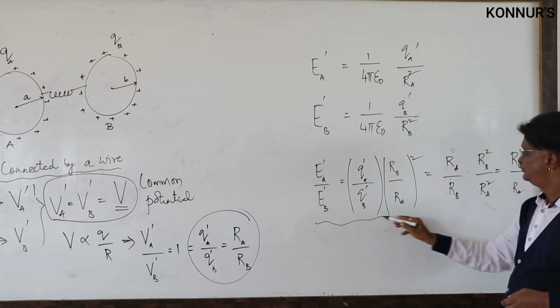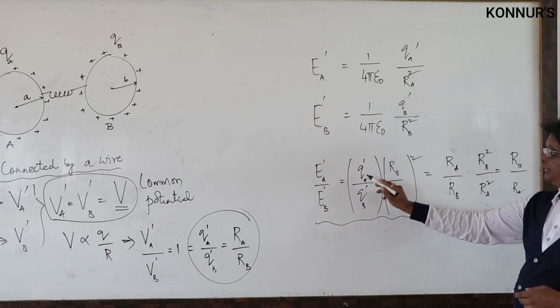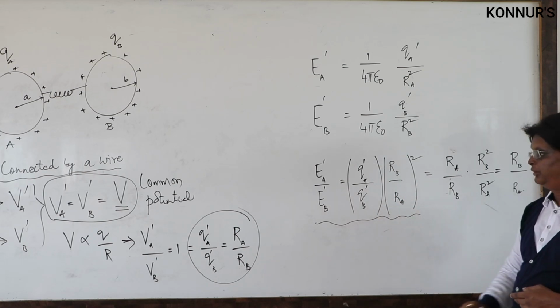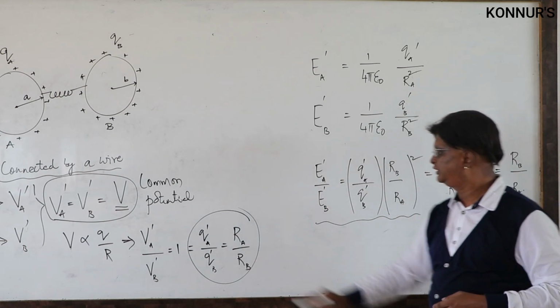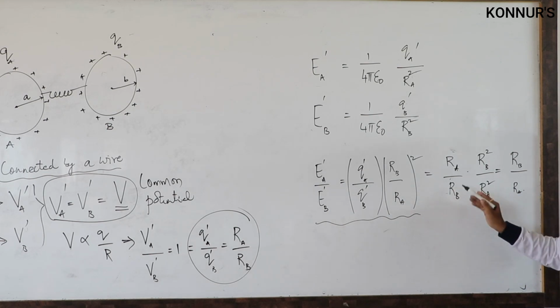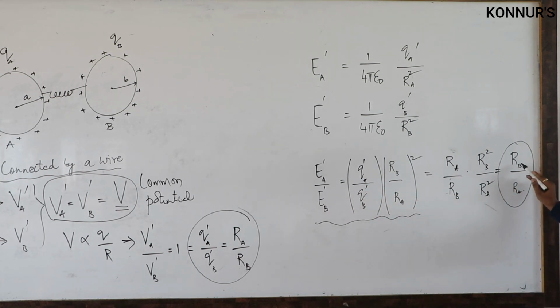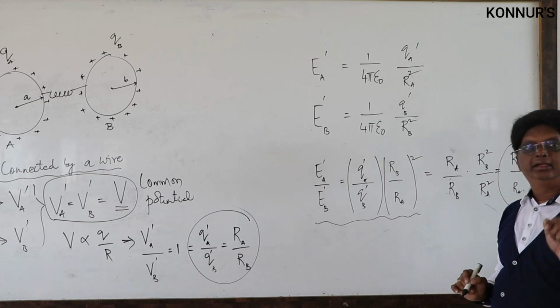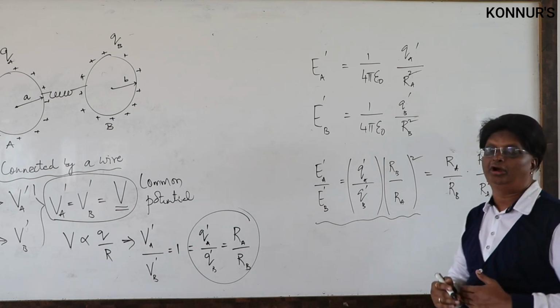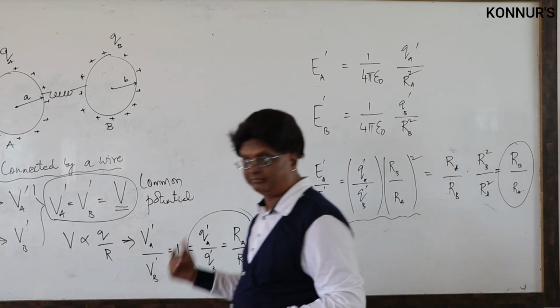What is QA prime by QB prime? We have this result, RA by RB. Substitute. Got your answer. This is the ratio: EA prime by EB prime is equal to RB by RA, the ratio of final intensities after they are connected by a wire.